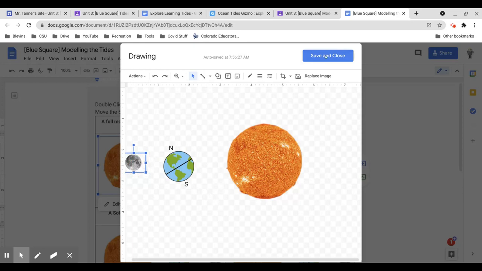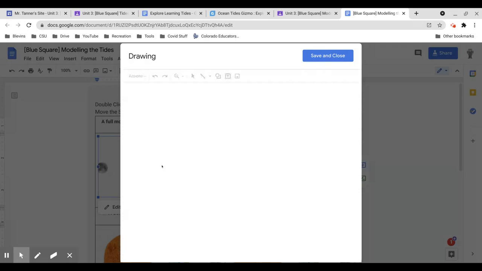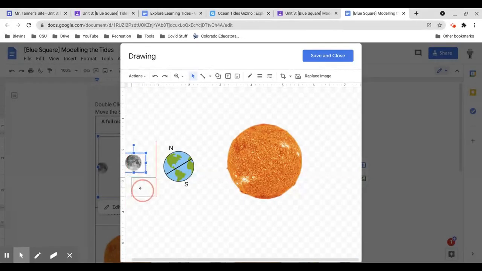So you would actually stop here and hit save and close, and that would be your final answer, but I'm going to go through the rest of the phases of the moon as well. Another eighth of a turn gives us a waning gibbous. You're still seeing a mostly lit moon, but the shadow side will be growing every day at this point.